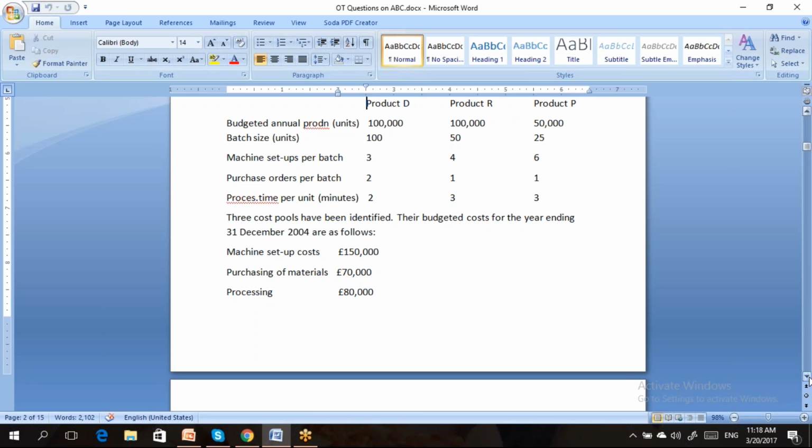That is all right. Then budgeted cost per purchase order, 70,000 divided by 6,000, 11.67. That is also all right. Processing cost, 80,000 divided by 650,000, 0.12. That is also correct.